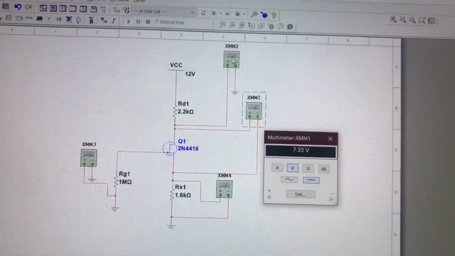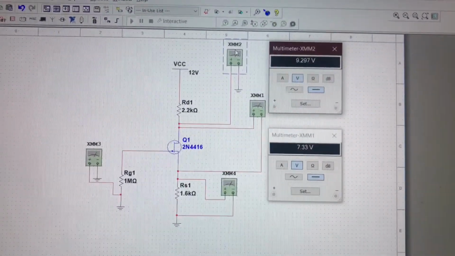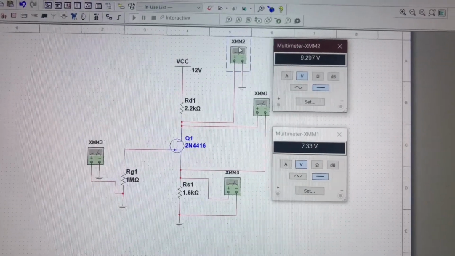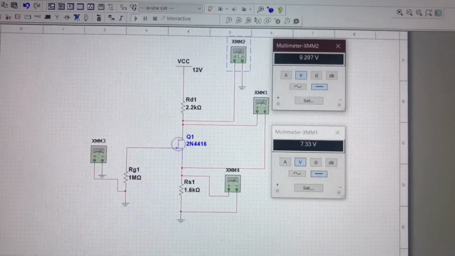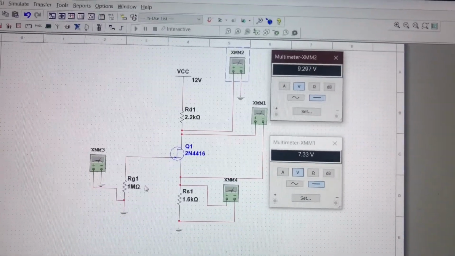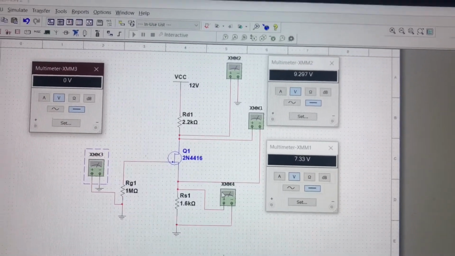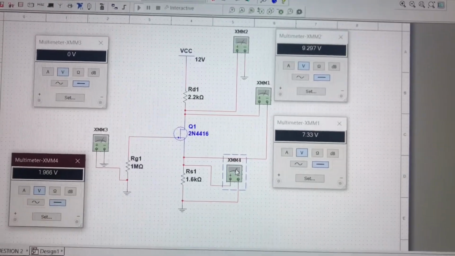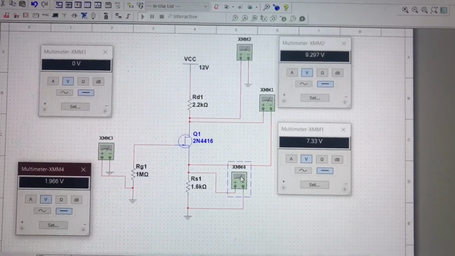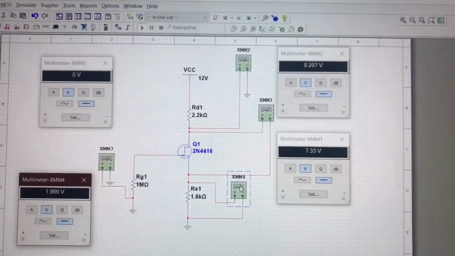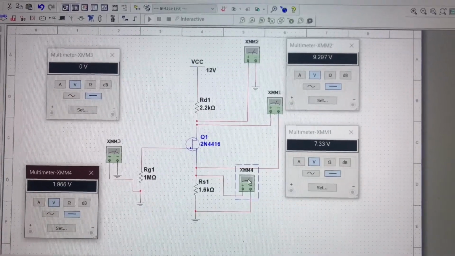For the VD, we can get the value 9.297 volt. And for the VG, we can get 0 volt. And for VS, we can get from our simulation 1.966 volt. Alright, thank you.